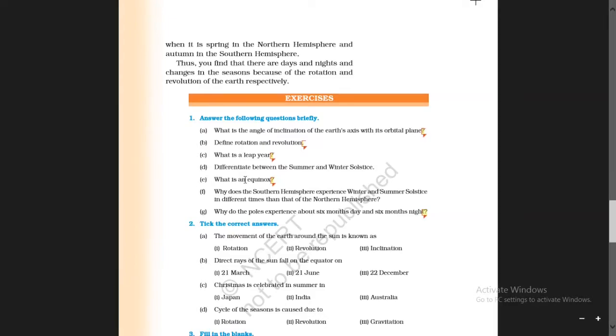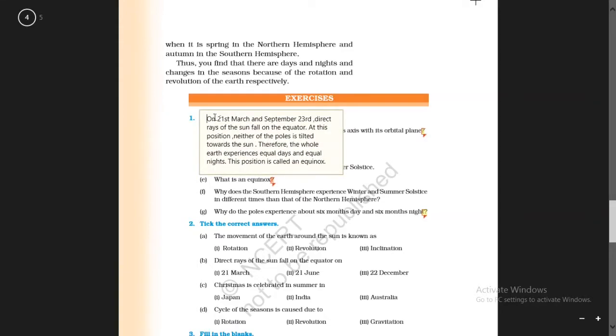E. What is an equinox? On 21st March and September 23rd, direct rays of the sun fall on the equator.